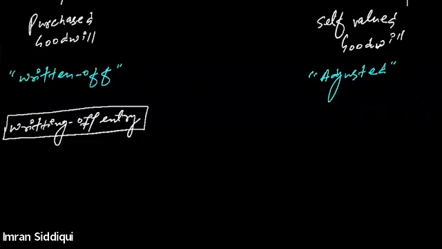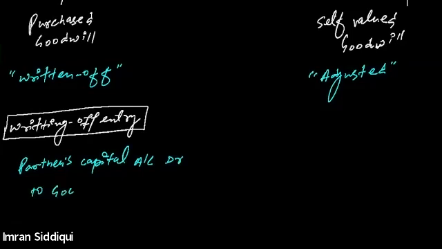So we debit the old partners' capital account. We write it as partners capital account debit. Obviously the old partners, not the new partner. Partners capital account debit to goodwill account.